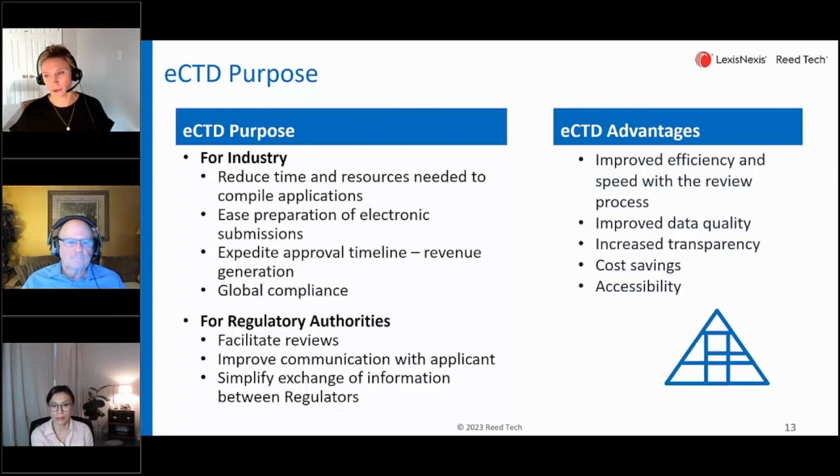And from a regulatory authority perspective, it does facilitate the review and improves the communication. All of these things together, efficiency, speed, cost savings, are all things that all parties want. So those are some of the reasons to use eCTD and how it came about, and the advantages to doing that.